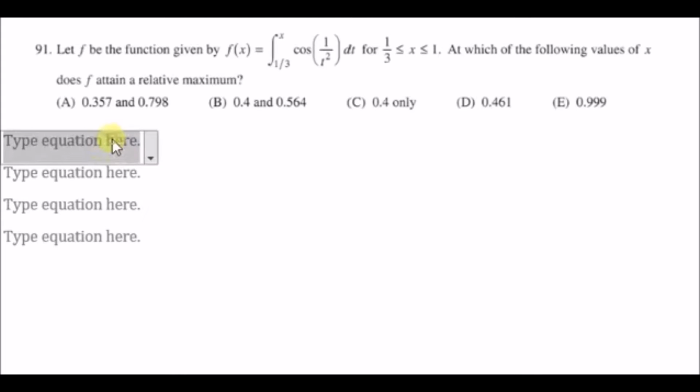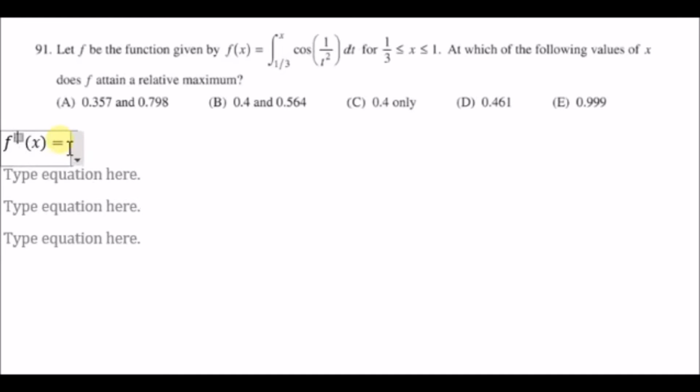So let me start writing in here an equation. F prime of x equals, I'm just going to pause it here so I can get all the notation right. Actually, it might be a little bit better if I just write the first step out as just f of x.